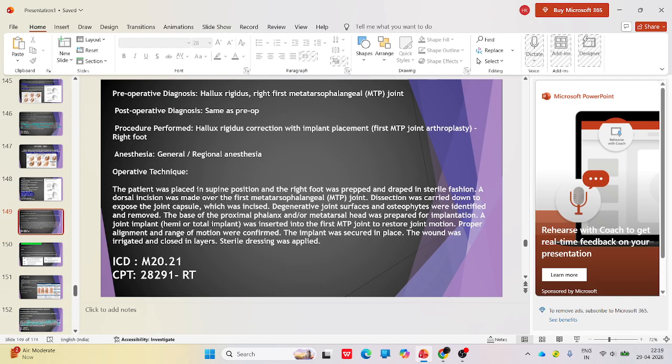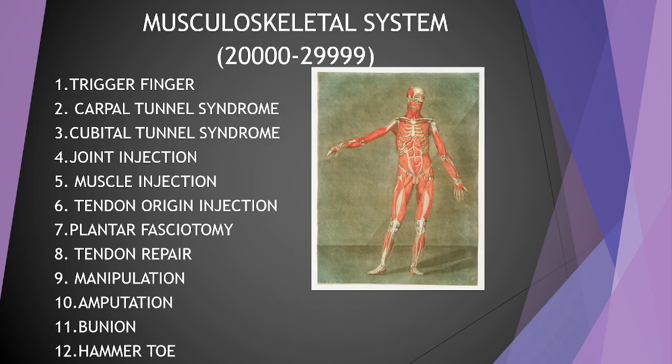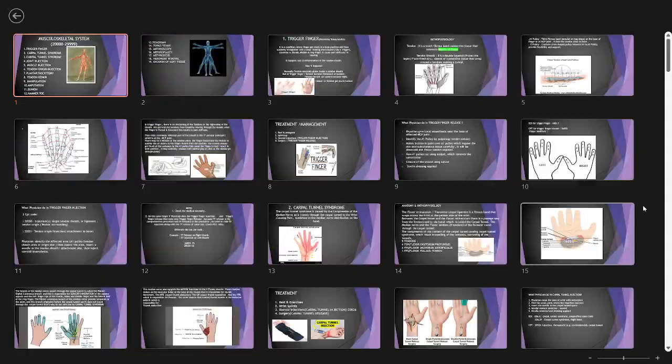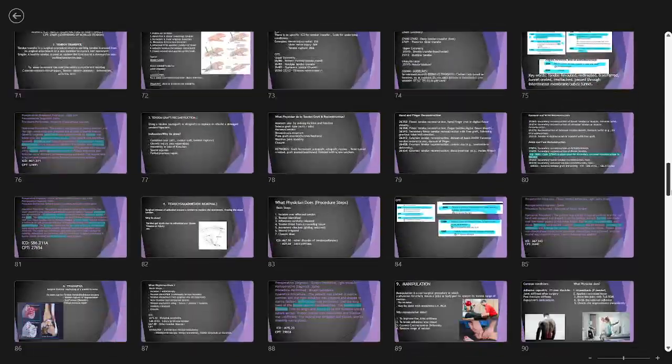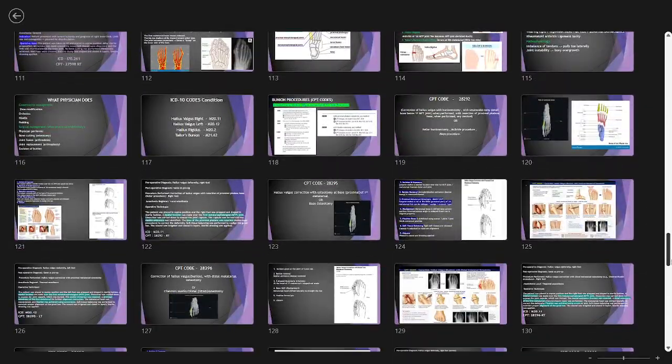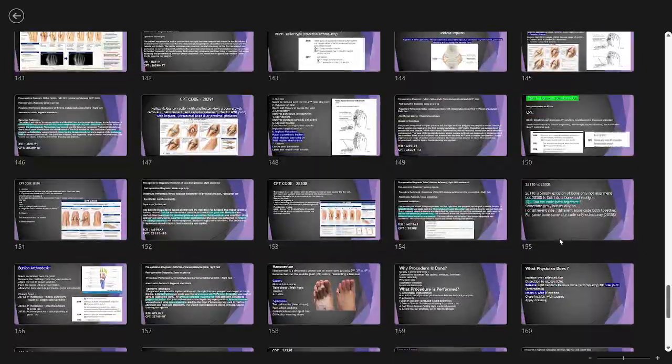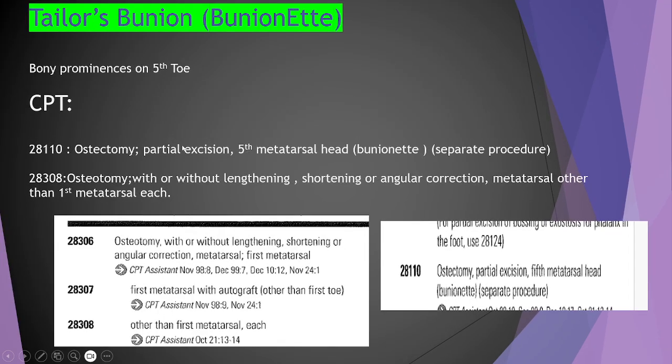Next we will see the Taylor's bunion procedures. Taylor's bunion is also known as a bunionette. It is a bony prominence of the fifth toe.